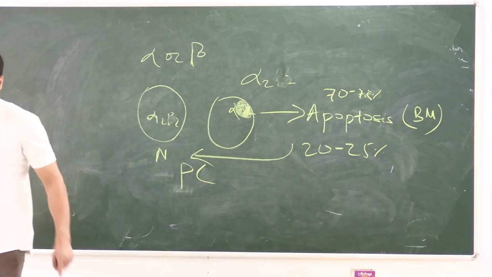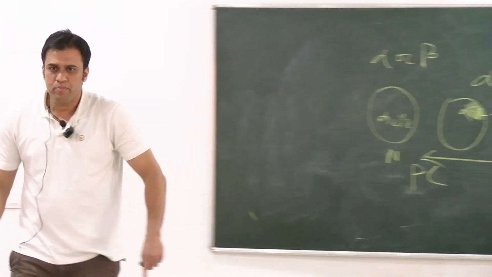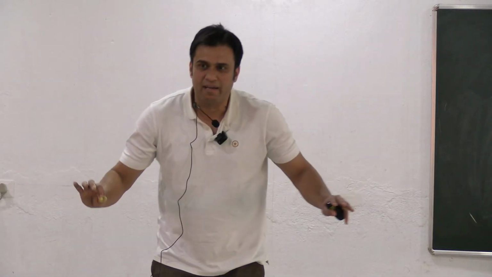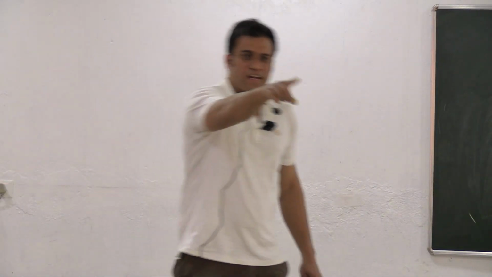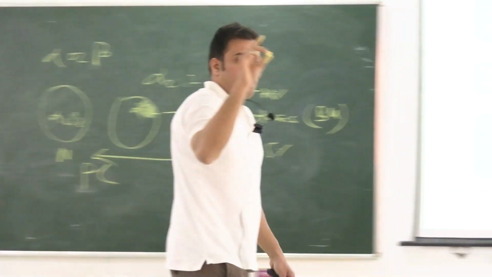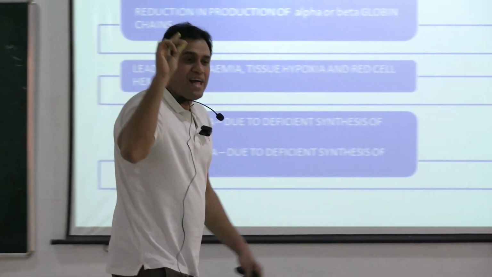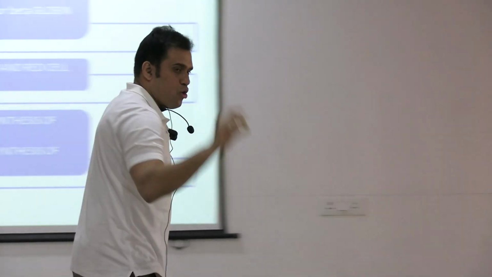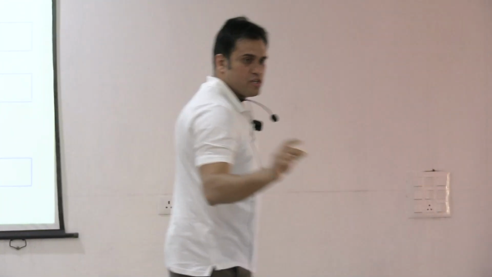PC means peripheral circulation, right? Where do they come to from the bone marrow? Peripheral circulation, blood. These abnormal red cells in the peripheral circulation will undergo what? Phagocytosis. Where? In the spleen.